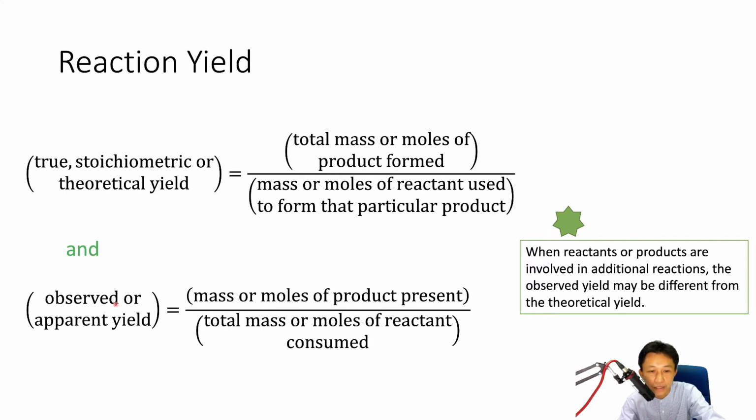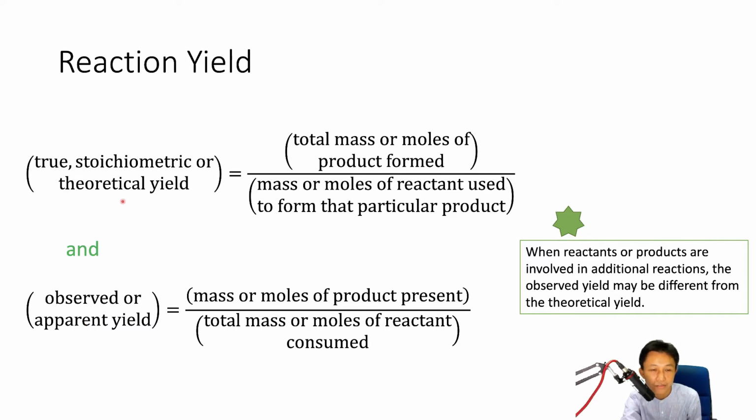But the observed yield is the product present divided by the reactant consumed. So it is different from the theoretical one. Sometimes it's different, so you can come back to this slide and decide whether you want to present your observed yield, apparent yield, or theoretical yield later on.